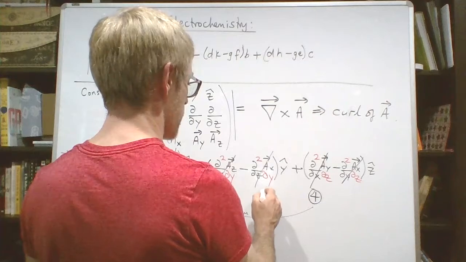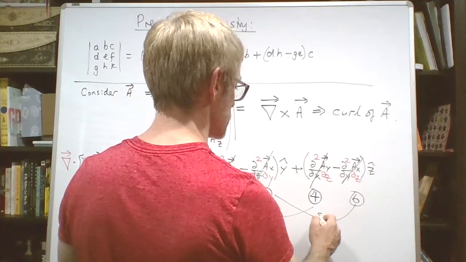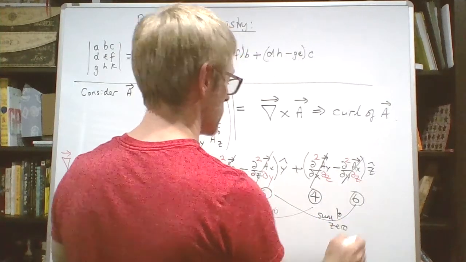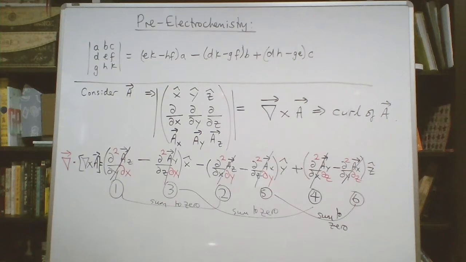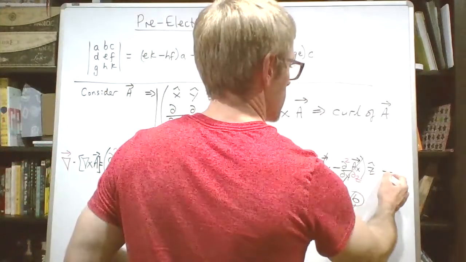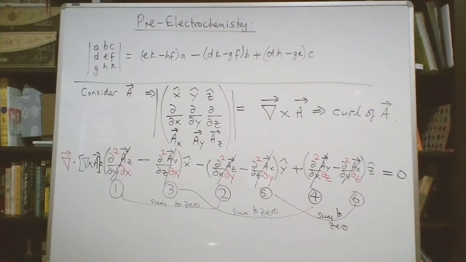So let's call this 5 and 6. So these guys sum to 0. So I've just seen the proof that the divergence of this curl is equal to 0. And that's an important conclusion.